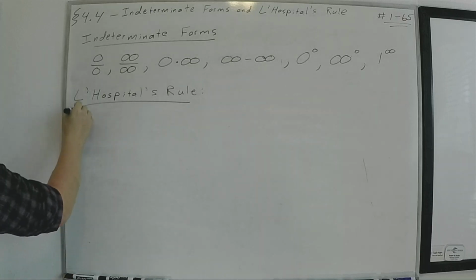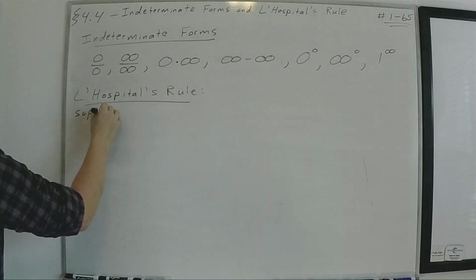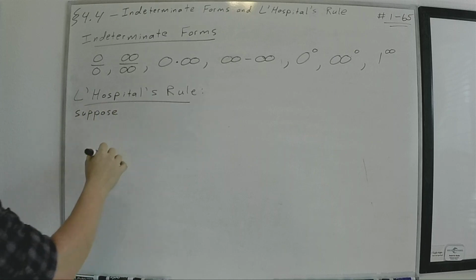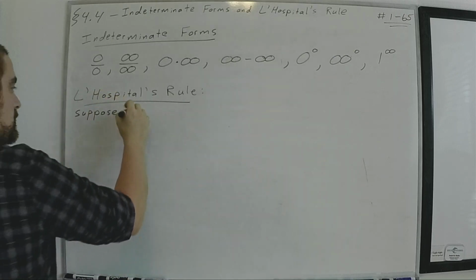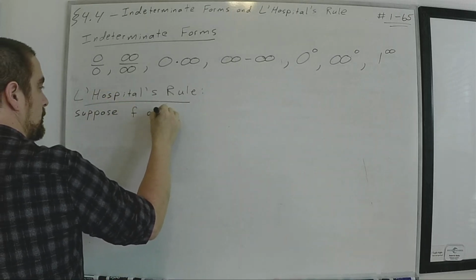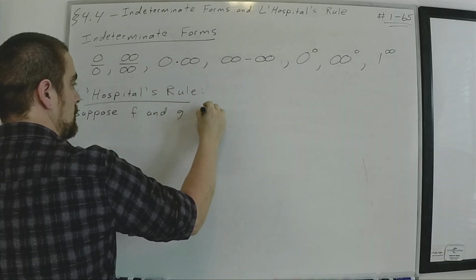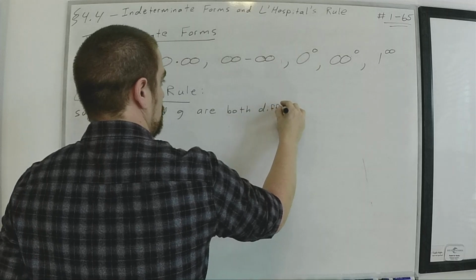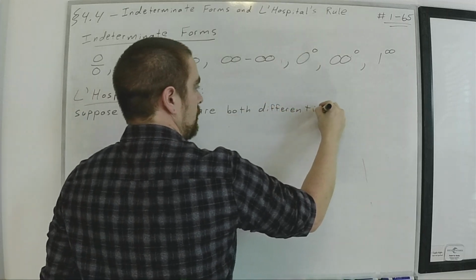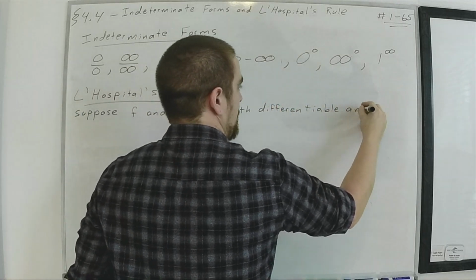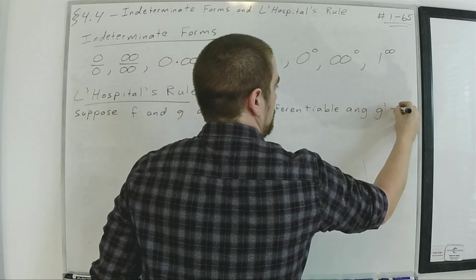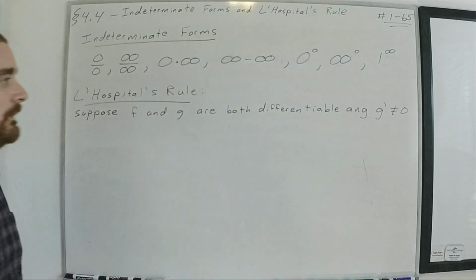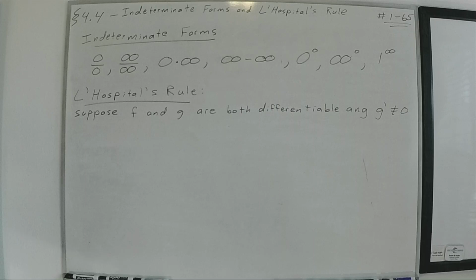So L'Hopital's rule goes a little something like this. It says, suppose f and g are differentiable. We're going to be dealing with two functions, f and g. And g prime is not equal to 0.